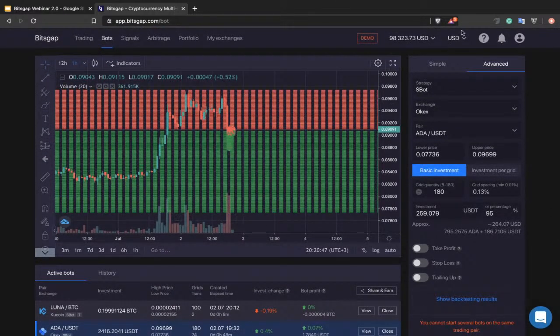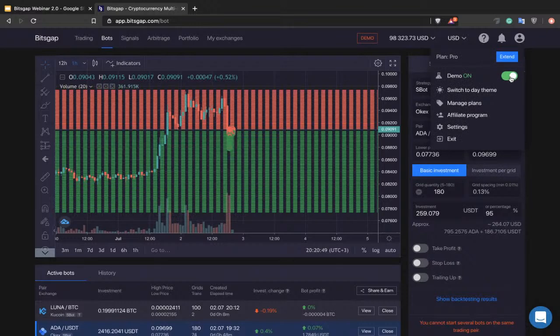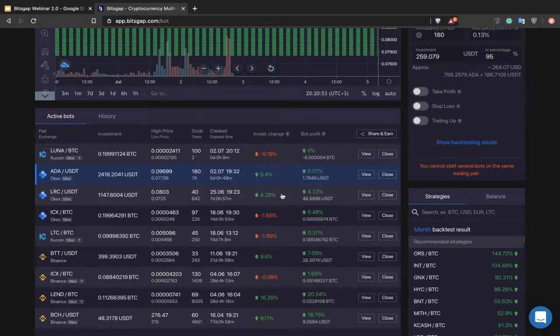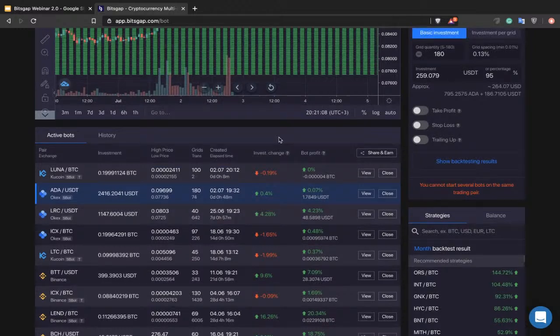And for newcomers, it's actually a must to use demo trading to make sure that you fully understand the system before trading with your real money. So we have all of the features that newcomers and professionals need to achieve higher returns automatically.